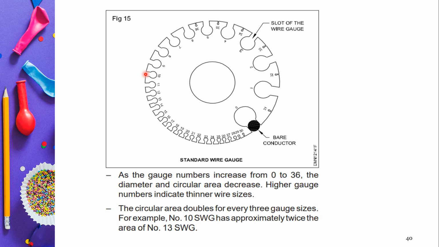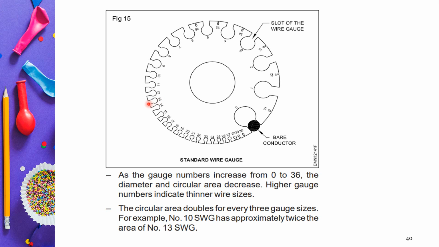Suppose you have a diameter here, 2 square mm, 2 SWG. You come to 3 gauges further, 11, 12, 13. For twice the area, the conductor diameter becomes half.